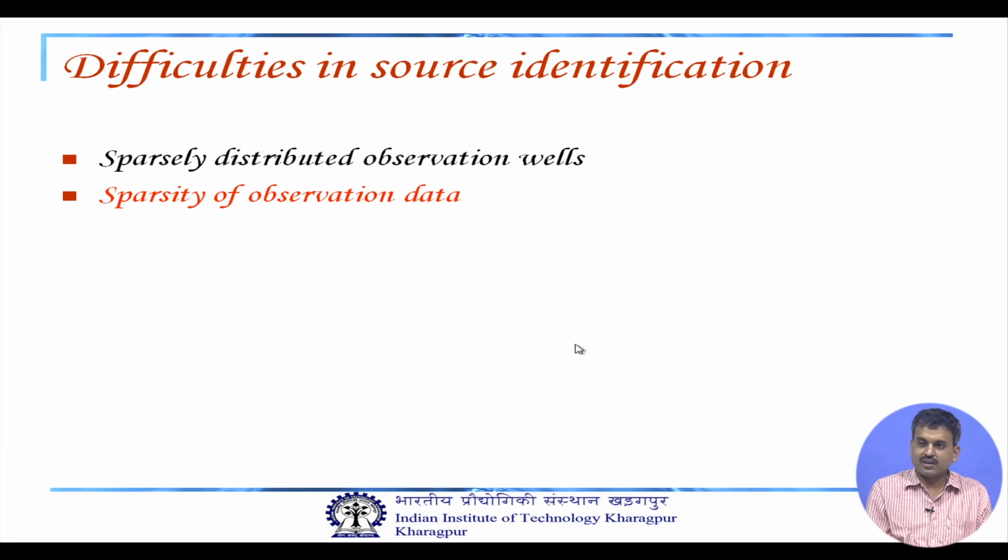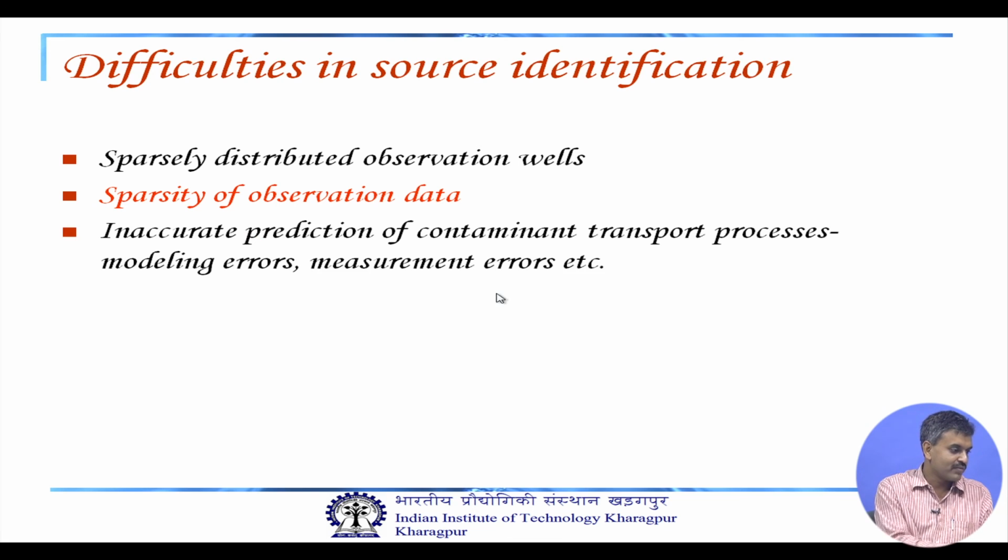Sparsity of observation data, that is your truncated breakthrough curve, inaccurate prediction of contaminant transport processes, modeling errors, and measurement errors. Our assumption is that we know the boundary conditions and the parameter values, so there can be modeling error associated with that.